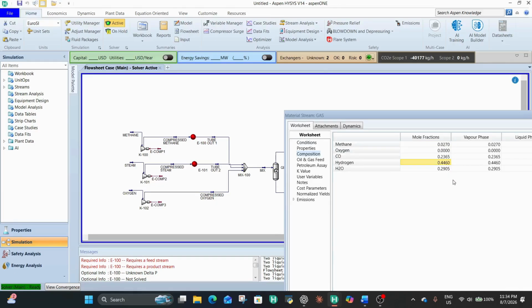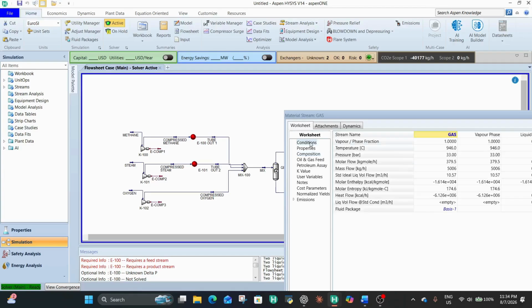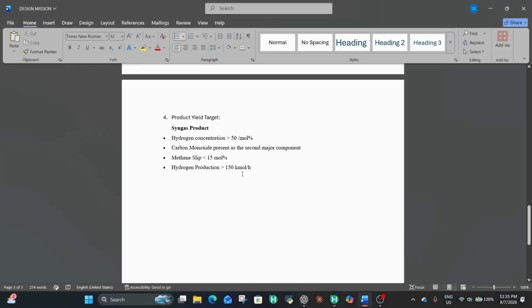So we're going to multiply the molar fraction by the molar flow rate to get the total flow of hydrogen. So 0.4460 times, what was that again? 379.5. We have a total flow of 169.25. That's quite ironic. Approximately, let's just say approximately 170 kilomole per hour.